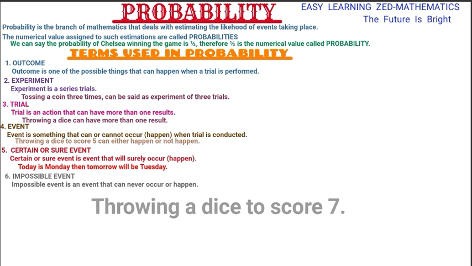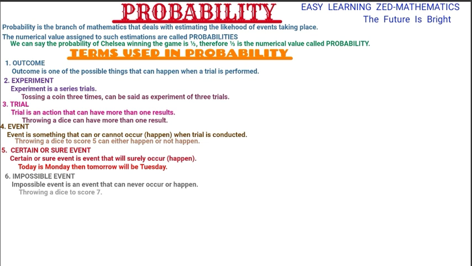You can't aim to score 7 because that is impossible. That is a dice I have there on top. As you can see, it just ends at 6, the highest number. So if you throw a dice to score 7, that is mission impossible. That event cannot take place. So that is an impossible event. Impossible events are events that can never happen or occur.